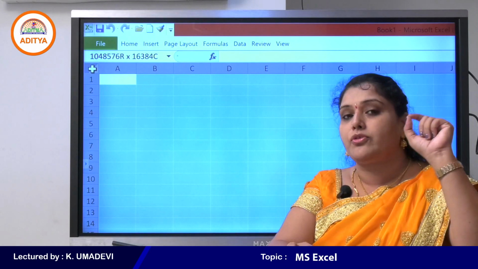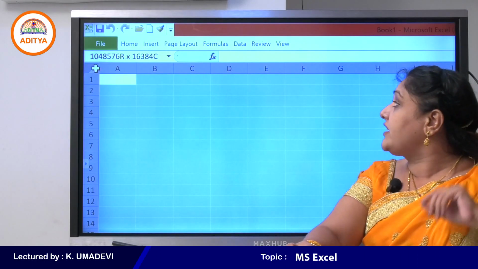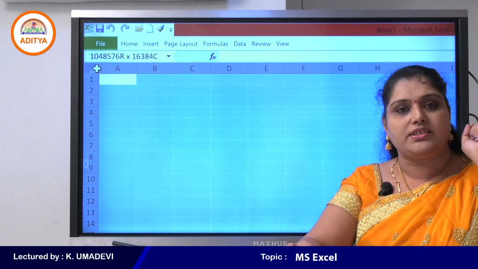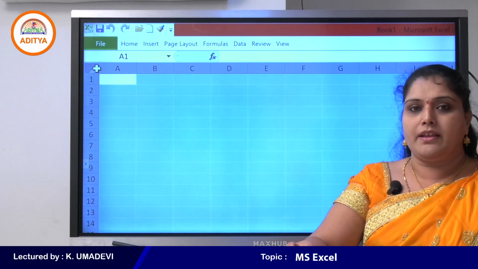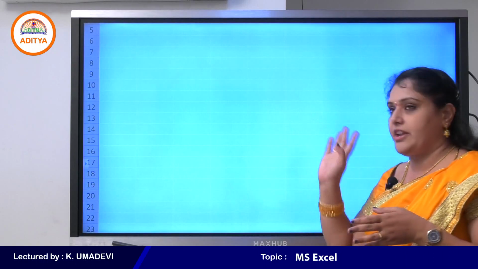Then the total number of rows and columns is displayed in the name box: 10,48,576 rows and 16,384 columns. And we can easily move from one place to another place by using the name box.